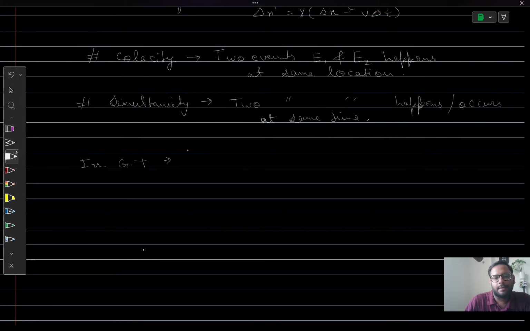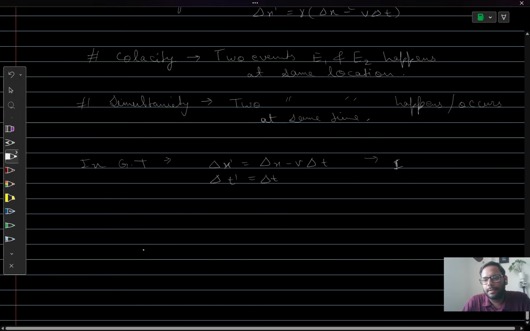In Galilean transformations, we have seen that our x coordinate was changing. So of course there is some relativity of colocality.